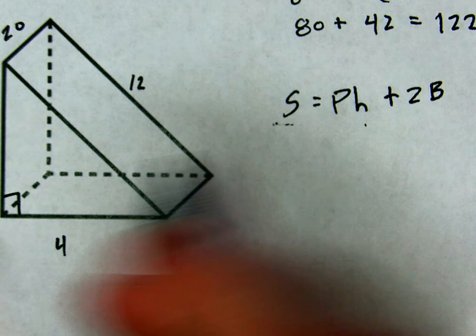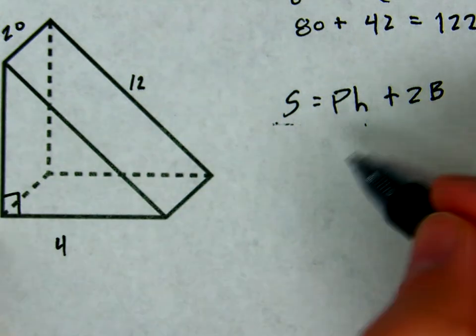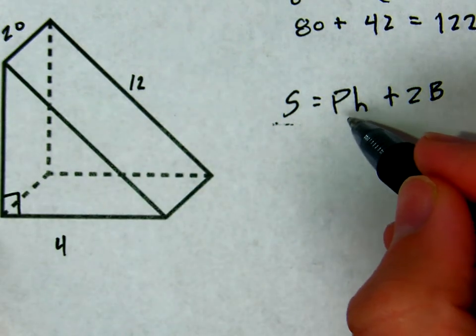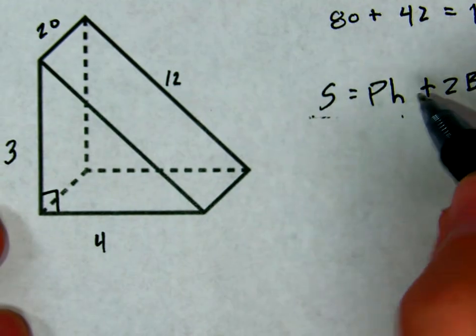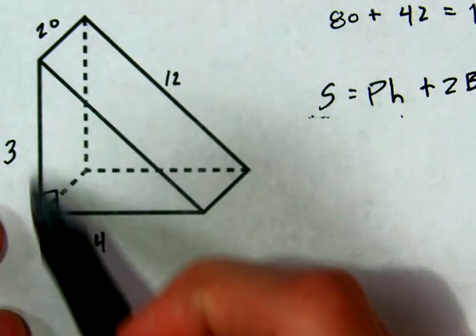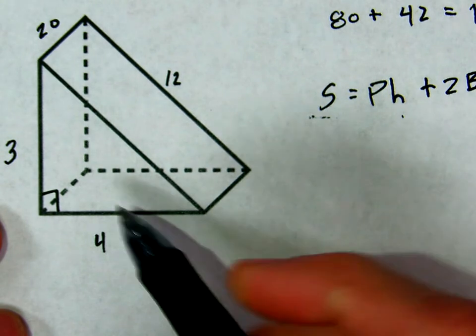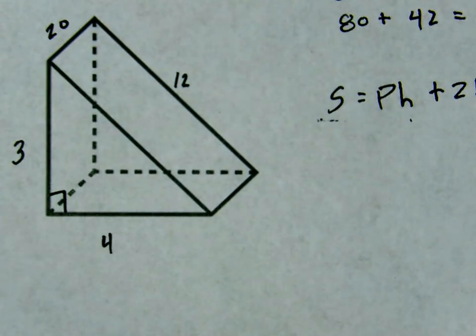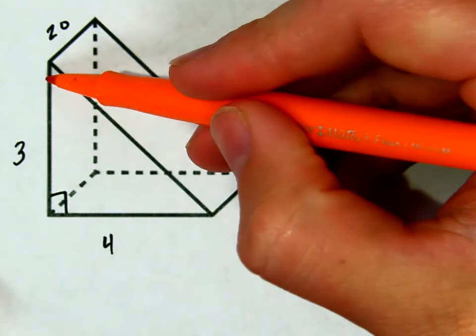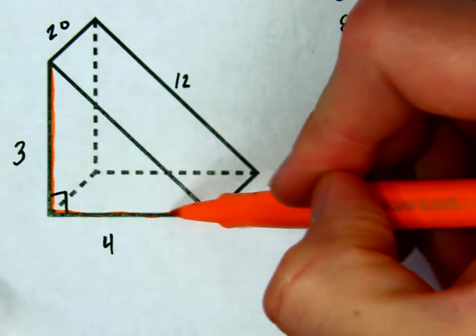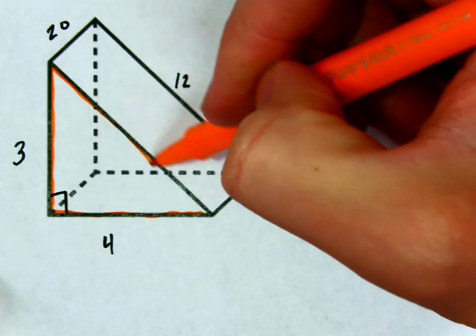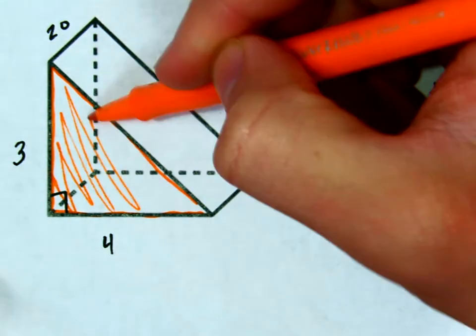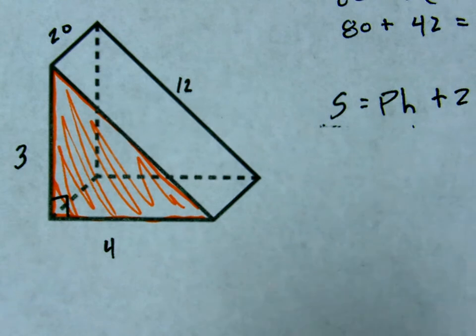First thing we want to do is find the perimeter of the base. Remember I said perimeter of the base. We're using the triangle as the base. So perimeter, add all sides. And I'll mark that off as our base.